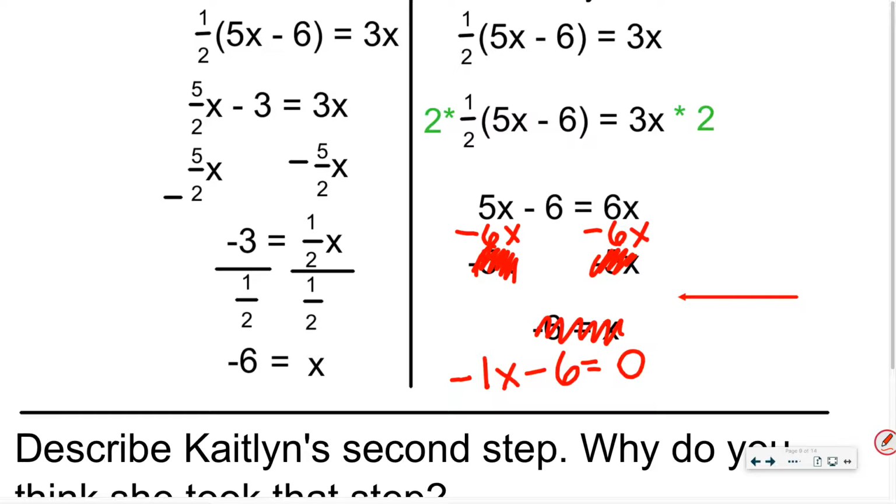Add 6. Yeah, I would have had to add 6 to both sides. Or, if I didn't want to add 6, I could have added 1x to both sides. So I would have ended up with negative 6 equals x. It still could have worked, but she actually would have made more work for herself.